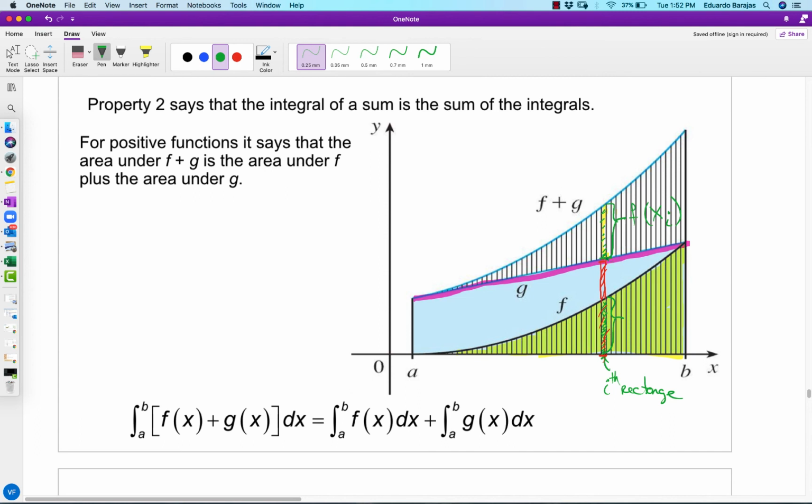And then from here all the way down to the bottom, this is the value of g evaluated at x sub i. So together, all the way up to here represents the whole thing. So the value from there all the way out to there represents exactly what we were expecting, f of x sub i plus g of x sub i.